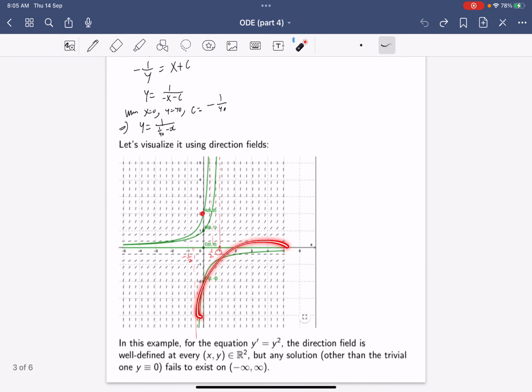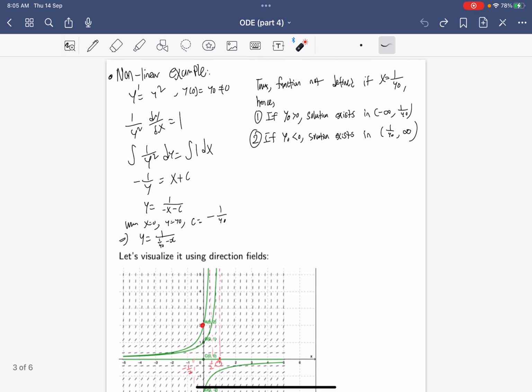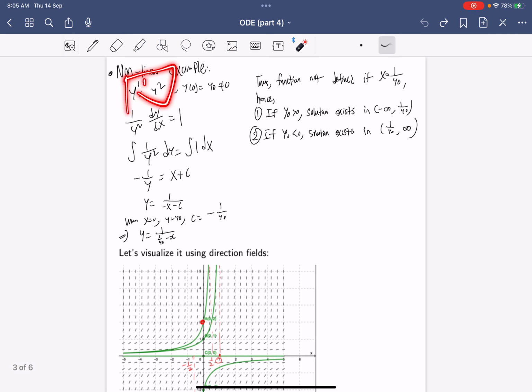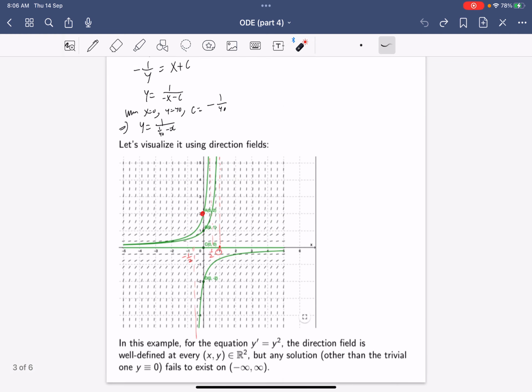You can see it from the direction field and integral curve. You can see that even though the coefficients of the terms are all continuous and well defined throughout the entire real plane, the solution will fail to exist in the entire interval.